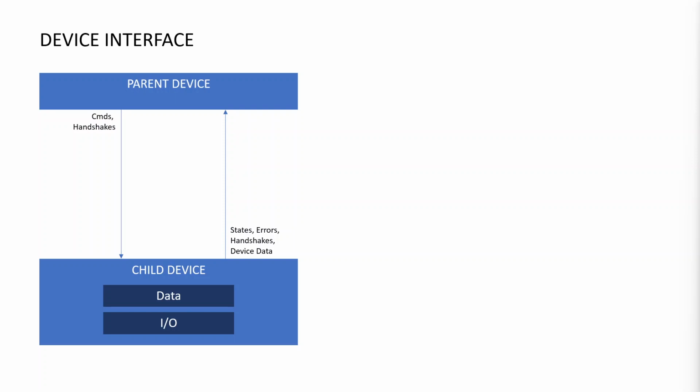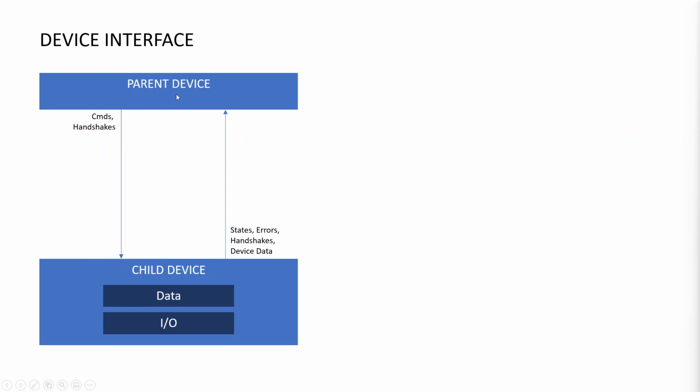The idea is that with a device interface, we want to constrain the amount of information we're sharing about ourselves to the parent or to the world, and we're giving a known procedure for how to issue commands. The way we do that is every device has a data type, and within that data type structure, there is something called a commands data type.